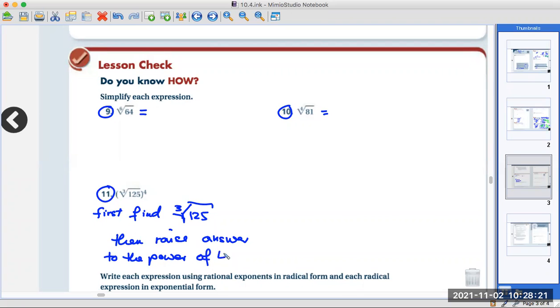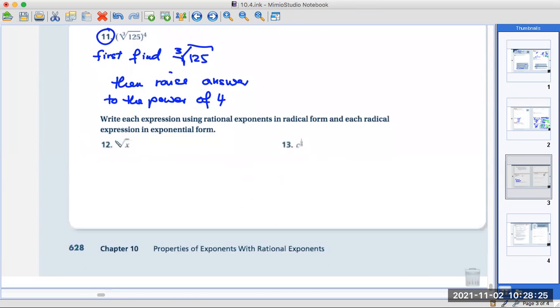So try that. And then down here, 12 and 13.